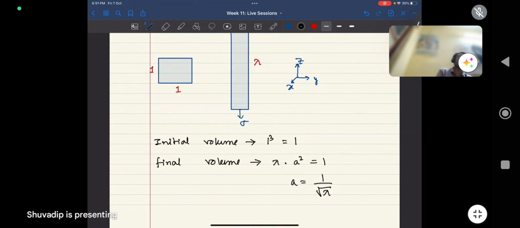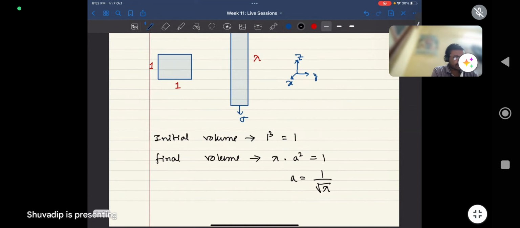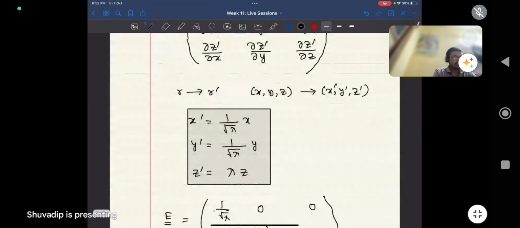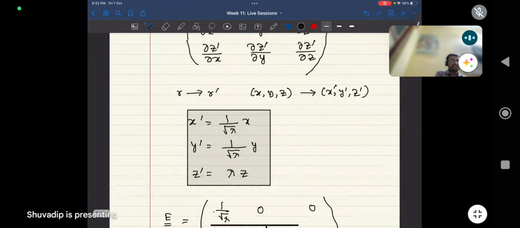Because there is no distinguishing factor between x and y directions, both shrink equally and the z direction is elongated by the applied stress. Now we have the relation between x prime and x, y prime and y, z prime and z.